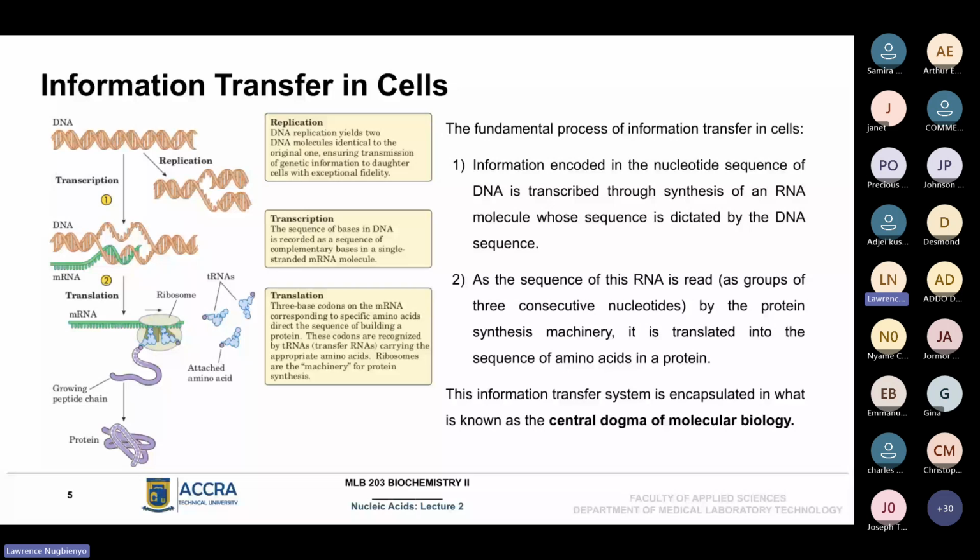I told you from the beginning that our studies in biochemistry in this course are such that we take some biomolecule and we try to look at what it is made up of. That is the structure of it. After we look at the structure, then we want to look at the function. What does the molecule do? So right now we are going into the function of nucleic acids.